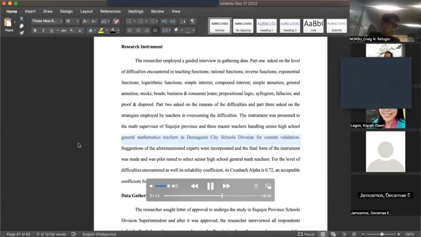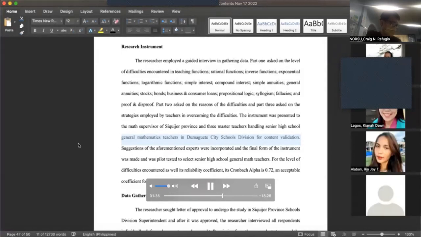Okay, perfect. So you have the estimate of how long it will take in answering the research instrument. Because normally, when you ask permission to administer the questionnaire, the principal or the supervisor would ask, how long will it take for you to administer the questionnaire?